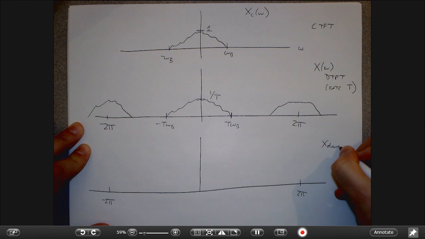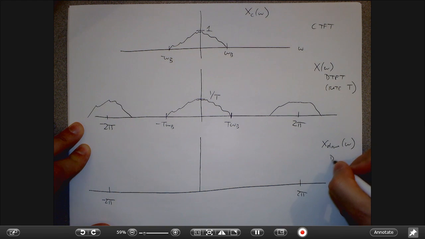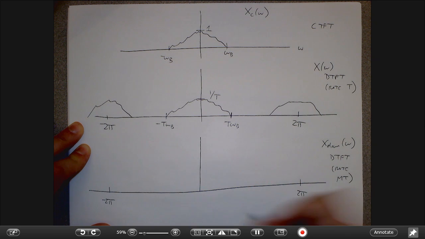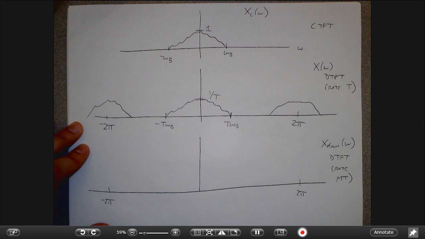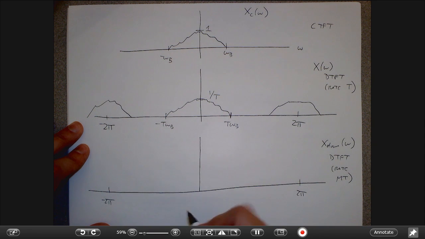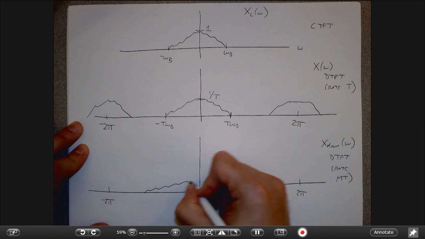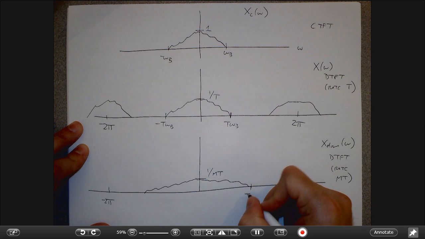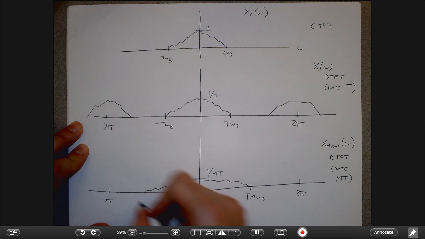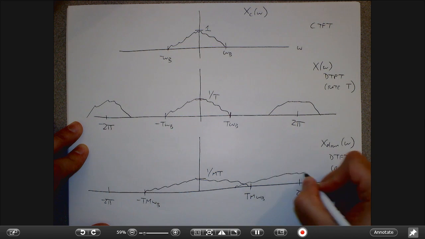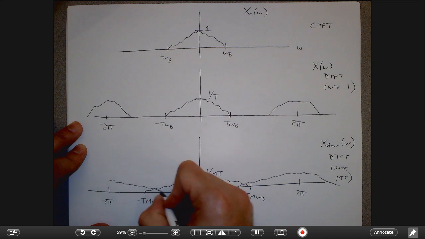This is my downsampled DTFT, now at rate MT. I should have drawn this a little bit differently, but what happens is that my copies will shrink down and spread out. They're going to have a different height and a different band limit. And the bad thing is that when I do this, it's highly possible that I can get aliasing, right?